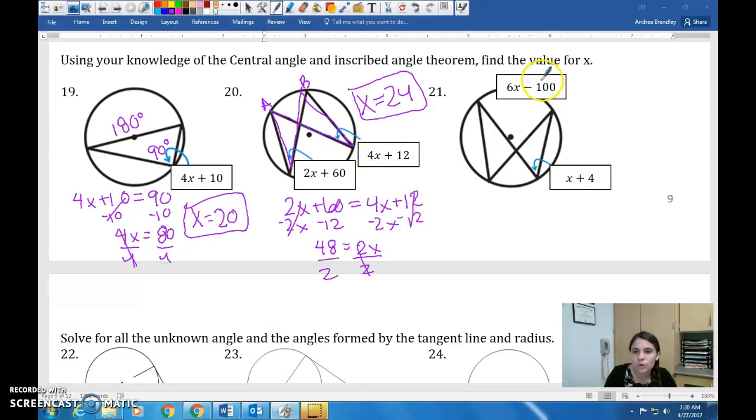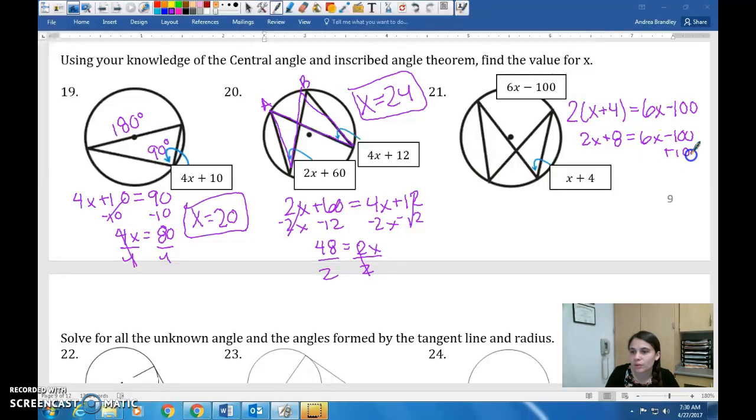Over here, one of my angles is an inscribed angle of x plus 4, and then the arc or the central angle is 6x minus 100. I know that if I multiply the inscribed angle by 2, it's going to be equal to the central angle, so I can write it just like that: 2 times x plus 4 equals 6x minus 100. If I multiply this, 2 times x is 2x, 2 times 4 is 8, equals 6x minus 100.